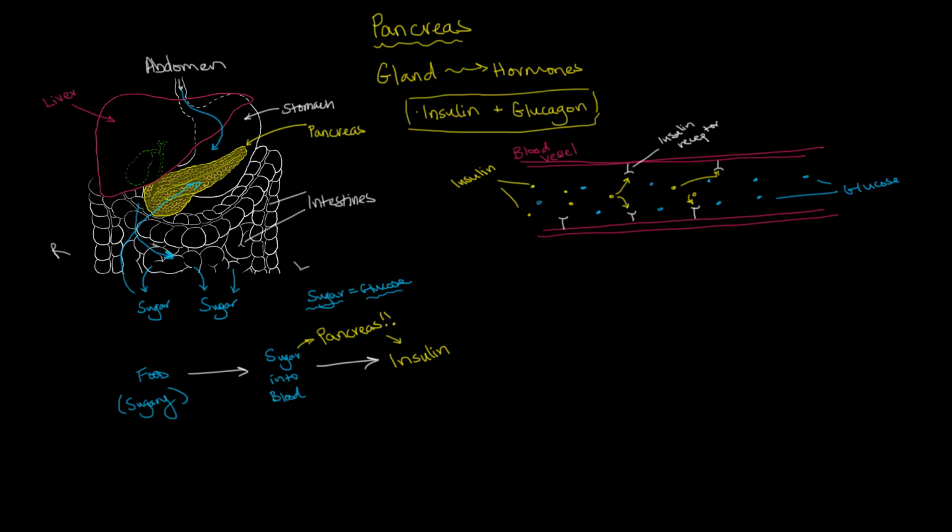And once insulin is bound to these receptors, your blood vessels and the cells within the tissues of your body will allow glucose to pass through them. So now glucose is allowed to come in through the walls of your blood vessels into your tissues. Allowing the glucose out of your blood vessels and into the tissues will take glucose out of your blood.